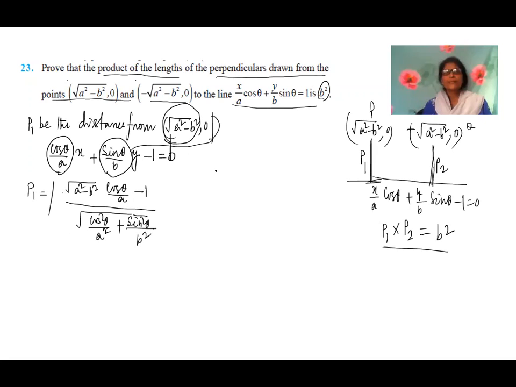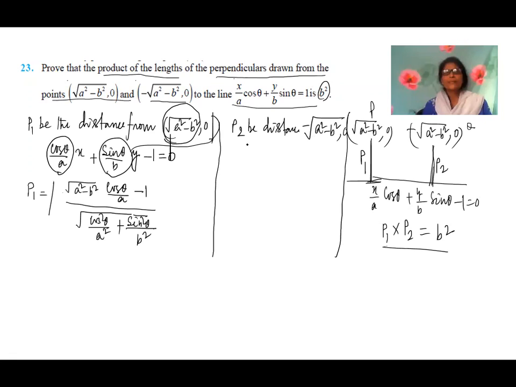Next, coming to the distance P2. P2 is the distance from (−√(a² − b²), 0). So how much will P2 be?